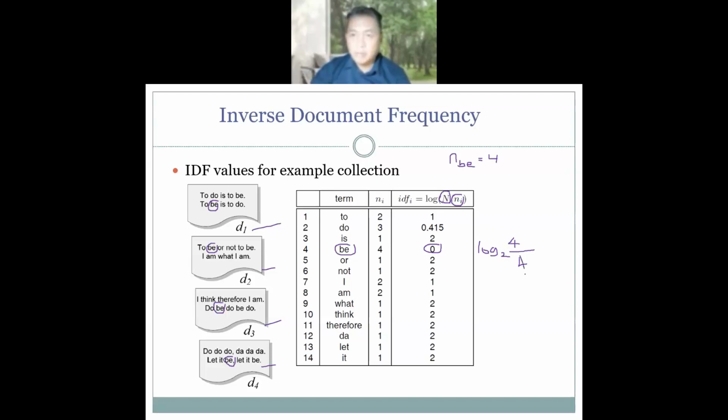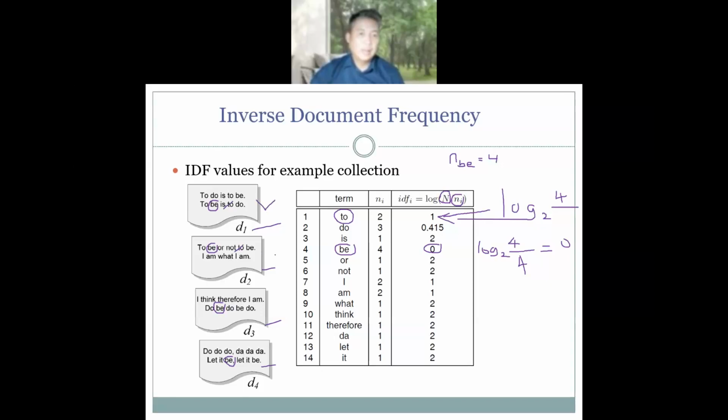So we have 4, and this is 0. How do we get this? We have log 2, and this is fixed for the documents. For these two, how many documents do we have? 1, 2.